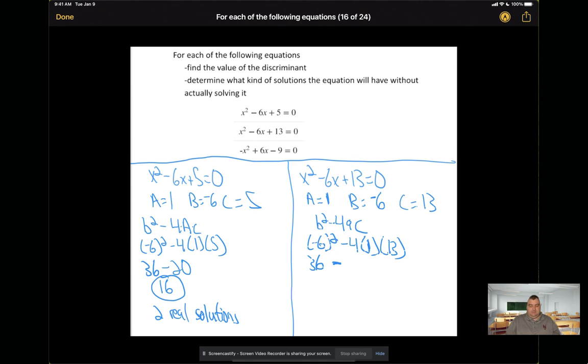And then negative 4 times 1 times 13, that's going to be negative 52. So 36 minus 52 is going to be negative 16. So the discriminant this time is negative 16.